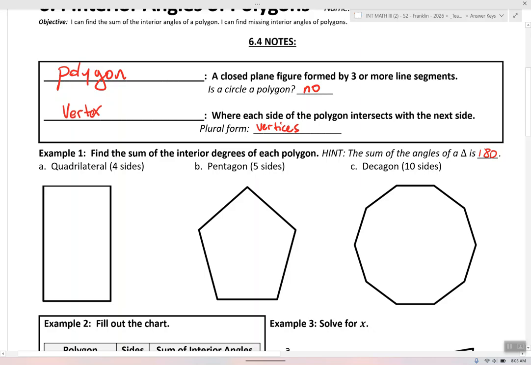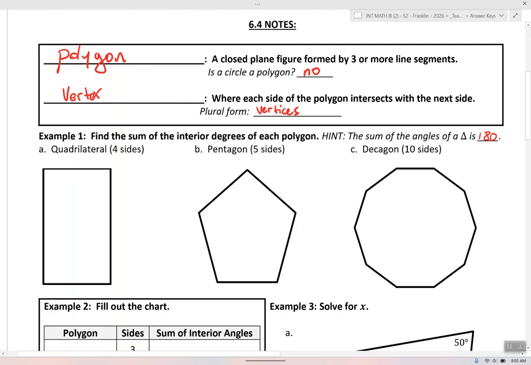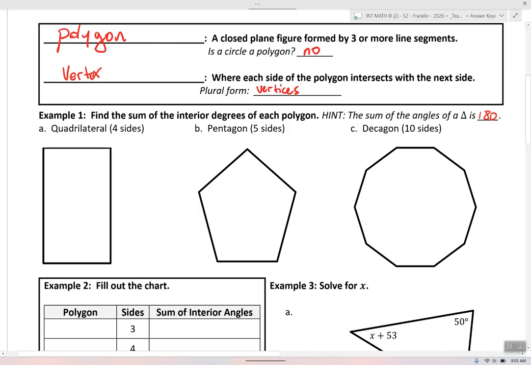So we can use this fact to find the total number of degrees of larger polygons as well. And we do that by splitting each polygon into triangles, making sure that all the vertices of our triangles correspond to vertices of the polygons.